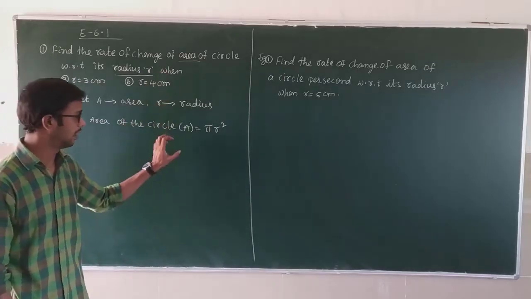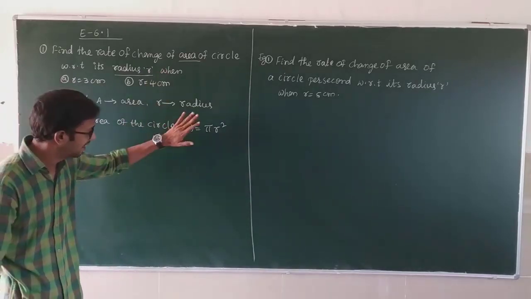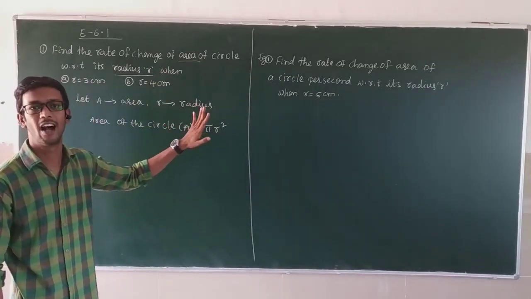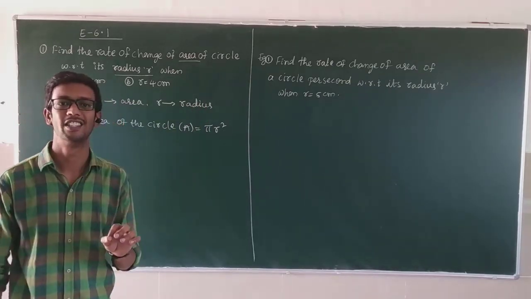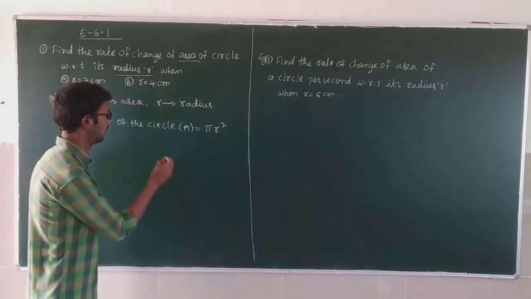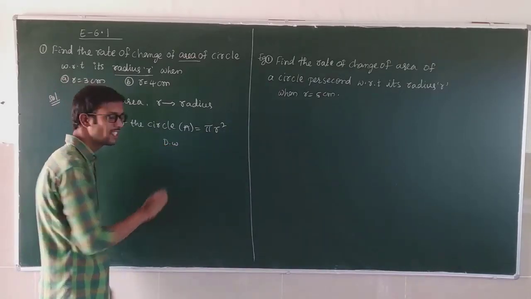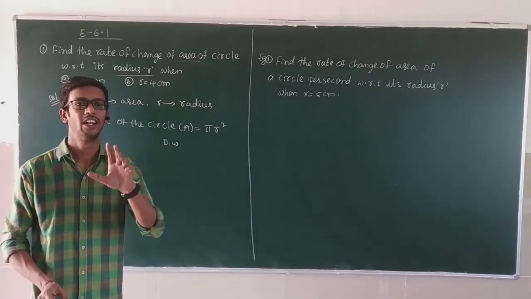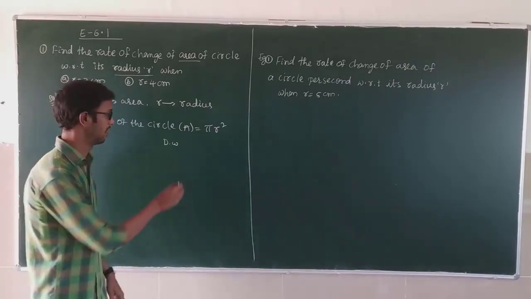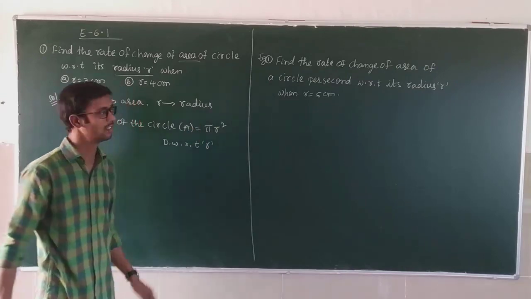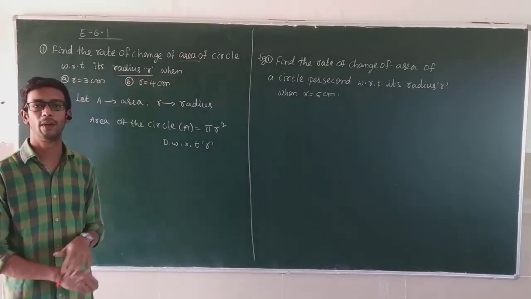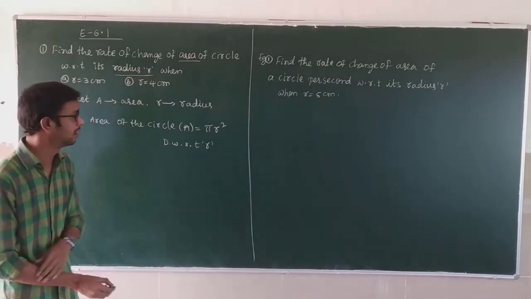This area is changing with respect to radius. Changing is nothing but derivation, so we take the derivative with respect to r.